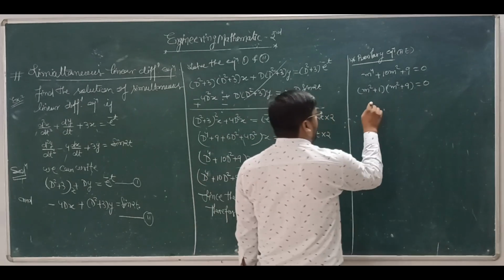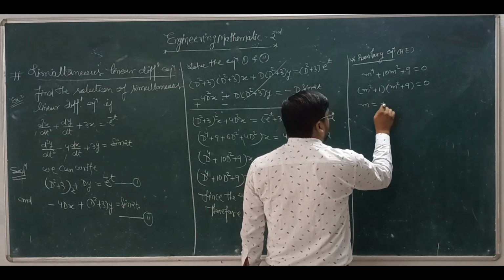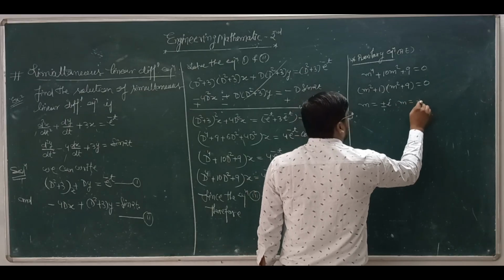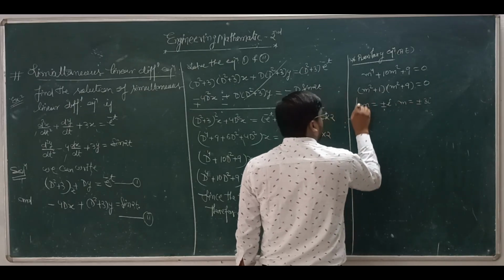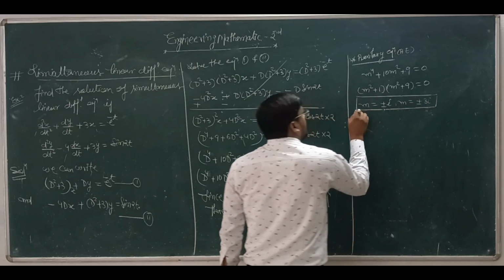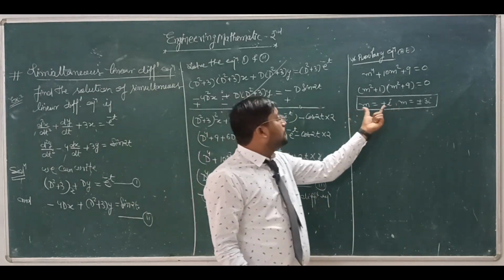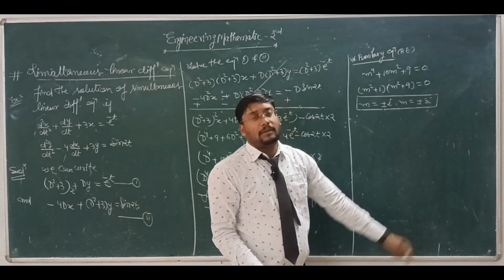Now you can find the value of m = ±i and m = ±3i. These are the 4 roots of m. First 2 roots are ±i and second 2 roots are ±3i.